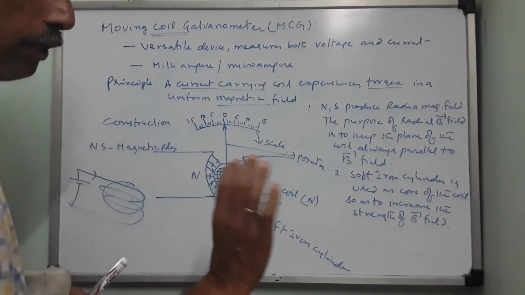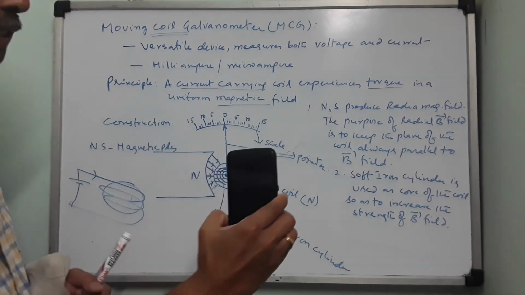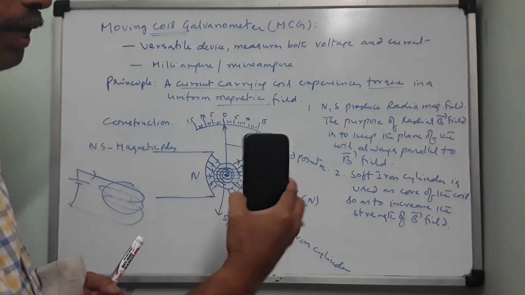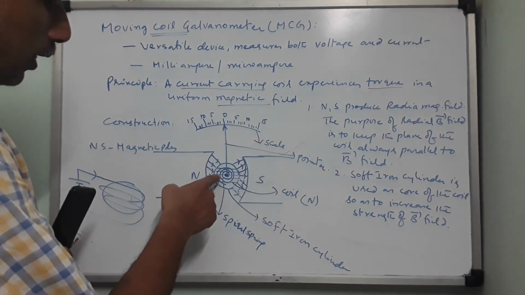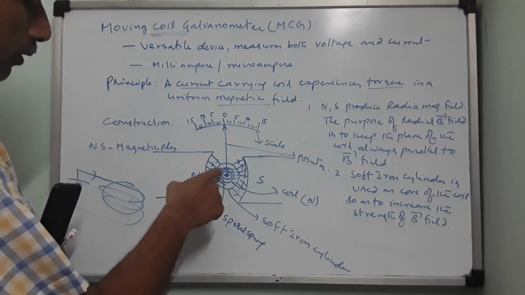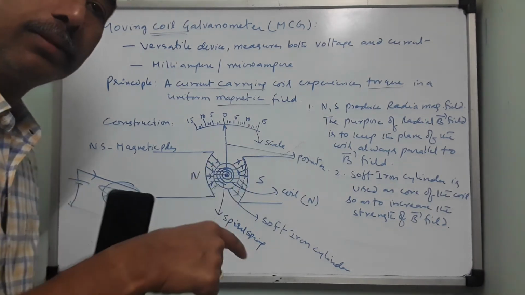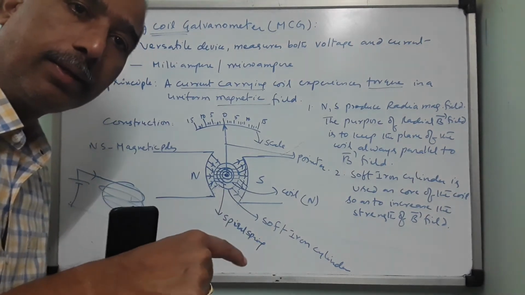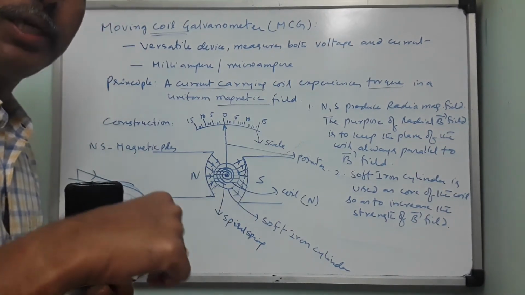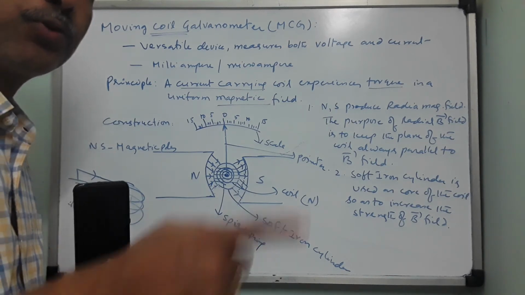Okay? Rotate through. Now it is like this. The coil is like this, and it is rotating through an angle alpha or theta. So now what will happen? Here there is a spiral spring, a hair spring. This hair spring will contract, so it will get wound on its own. That winding produced in the spiral spring will now produce a restoring torque.